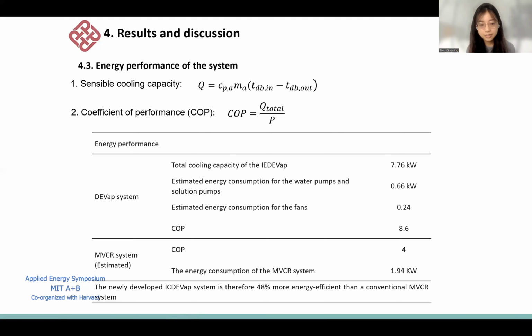For the MVCR system, if the COP is estimated to be 4, the energy consumption of the traditional MVCR system is calculated to be 1.94 kilowatts. Therefore, the newly developed ICDEV AP system is 48% more energy efficient than a conventional MVCR system.